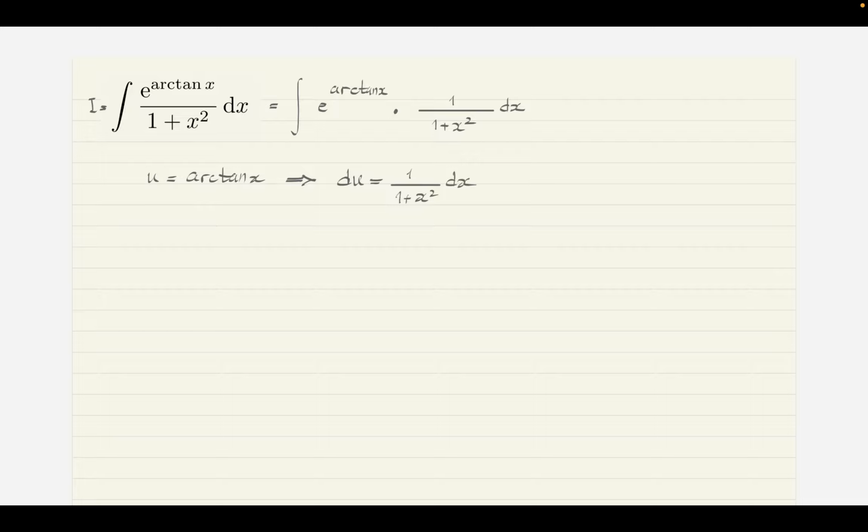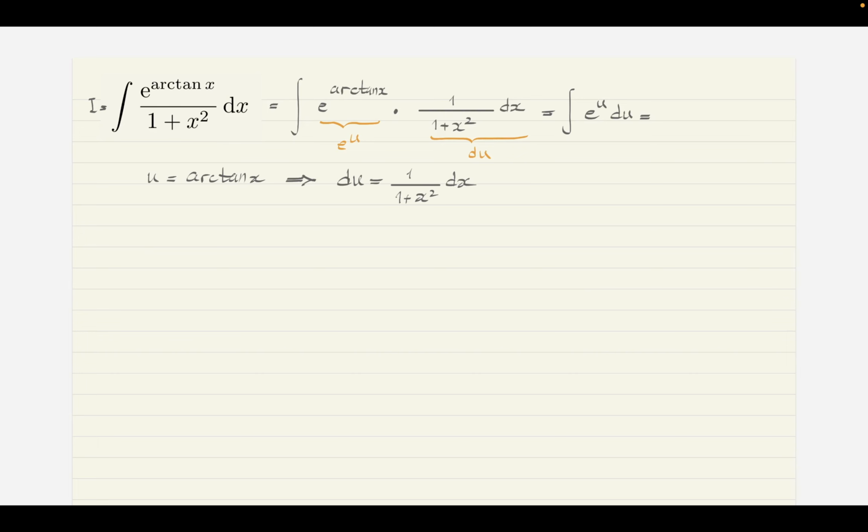And now immediately it becomes clear that this part is your du here. You see that I calculated this one, became du, and this is nothing except e to power u. Yes, so this means that this integral can be written as integral e to power u du. But we just learned today how we can calculate this.